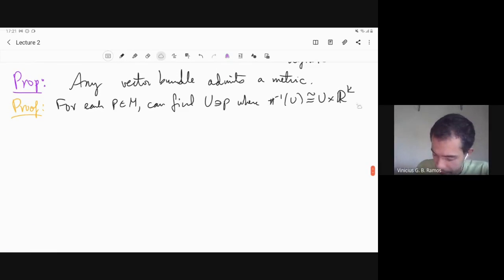So for each p, you can find a neighborhood where the bundle is trivial. I'm going to call this U_p.